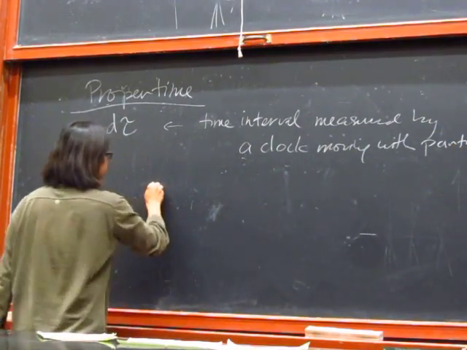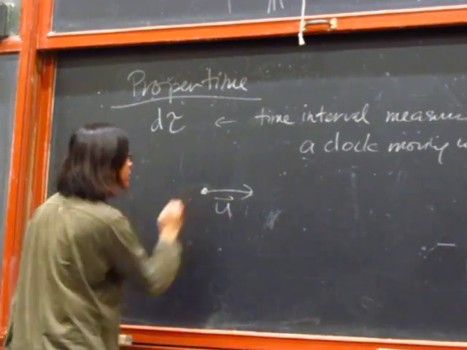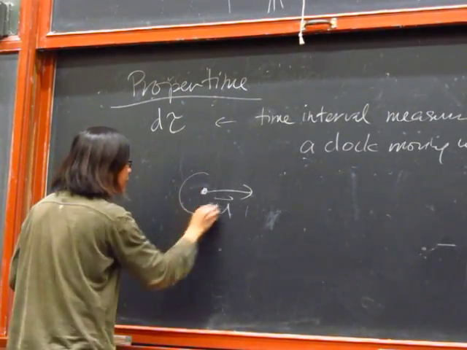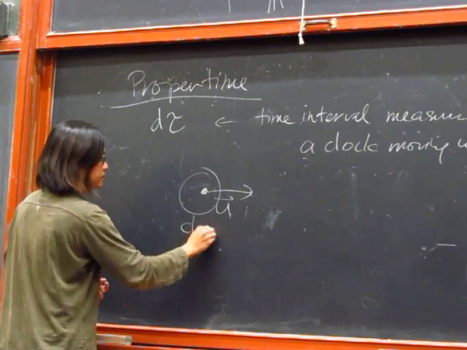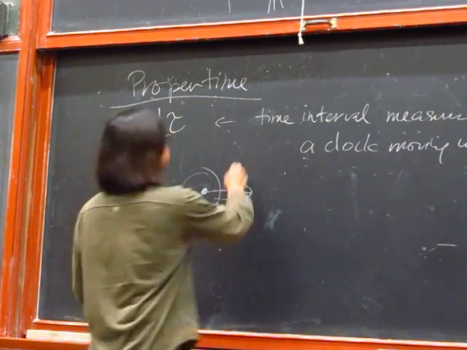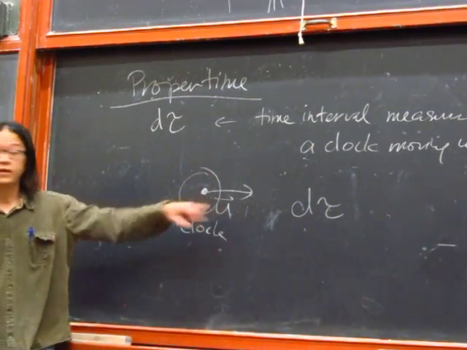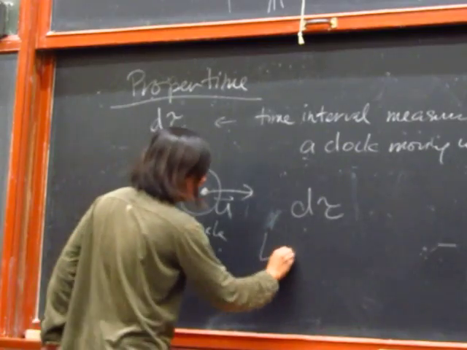Suppose I have a particle moving at some velocity u, right? I can associate with that particle a clock, and suppose you have a time elapse tau from that clock, then you know from Lorentz transformation.